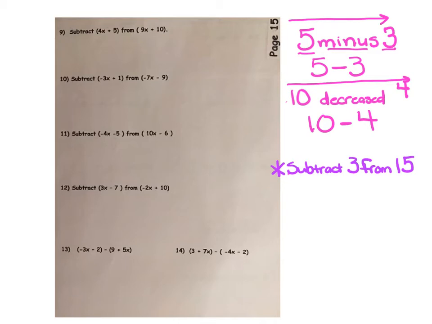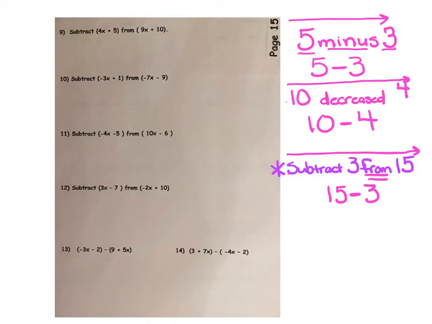However, in our third problem, a little glitch occurs. It states, subtract 3 from 15. 3 must be deducted from 15. So even though the 3 comes first, as we translate, you actually bring the 15 up front and you are subtracting the 3 from it.